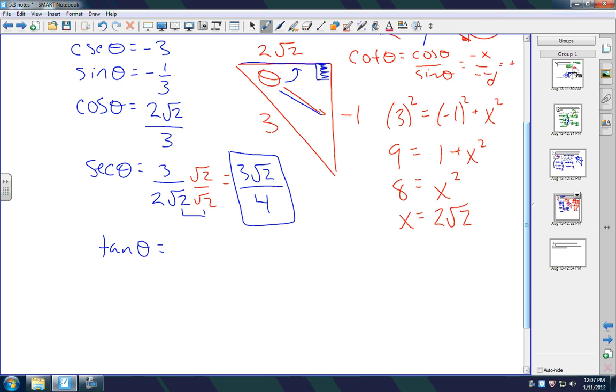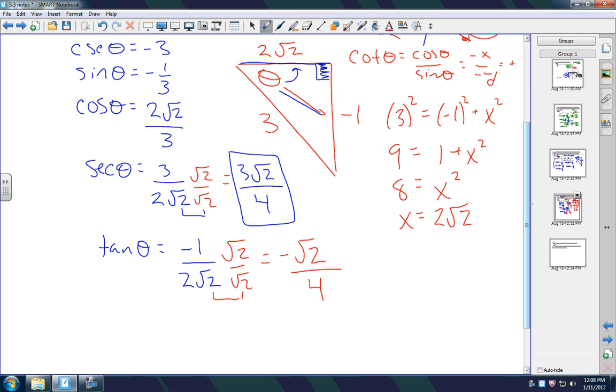Tangent is an opposite of -1 over an adjacent of 2 square roots of 2. Rationalize. So negative square root of 2. These guys will come together and give us square root of 4 again. So 2 times 2 gets us to 4. So we're done with our tangent there.